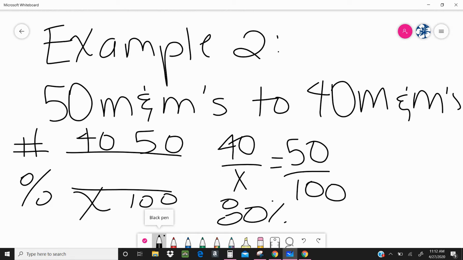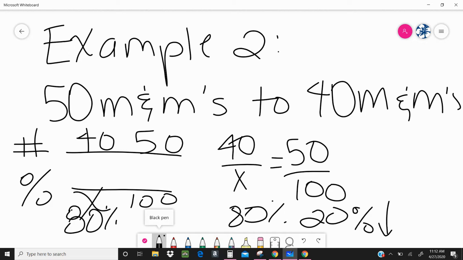Oh, that's a funky 8. Let me fix that because I know that will bother some of you. All right, so 80%. Does that mean my M&Ms went down 80%? No, that means it went to 80%. So now I have to do my subtraction. So I actually had a 20% decrease.